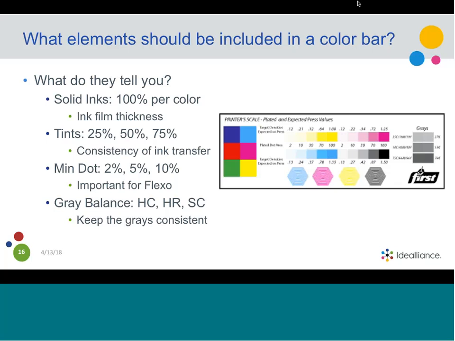But it does give you a hint as to if you've got one of the colors out of spec, it could add to dot gain in the actual project and wind up with a cyan tint, too much cyan or too much magenta in the job.